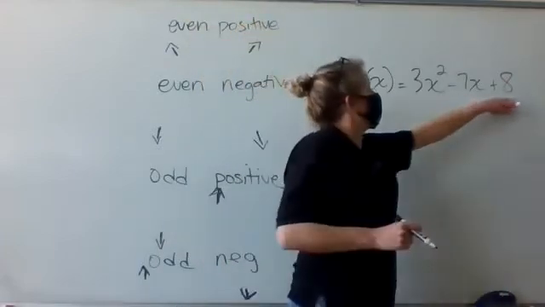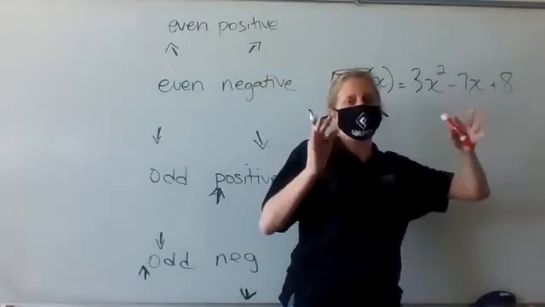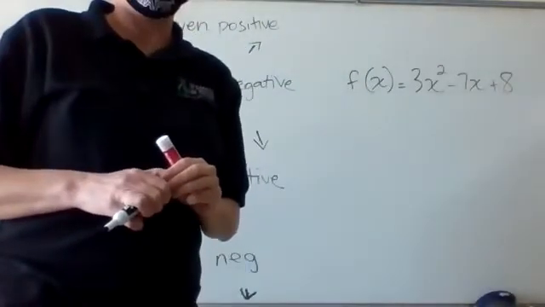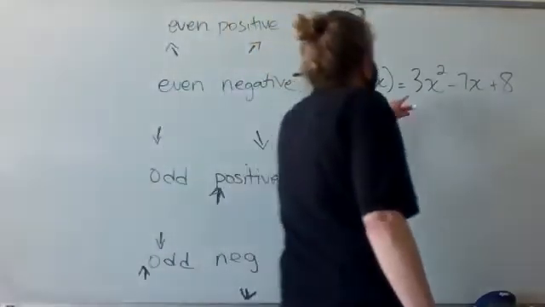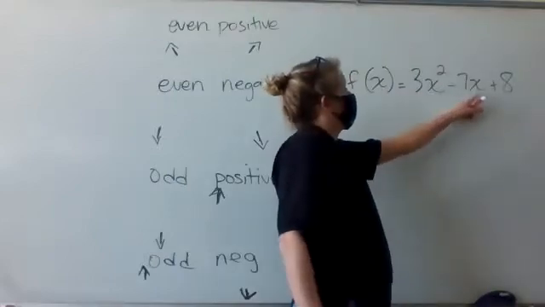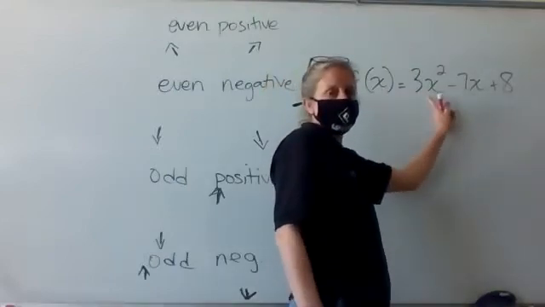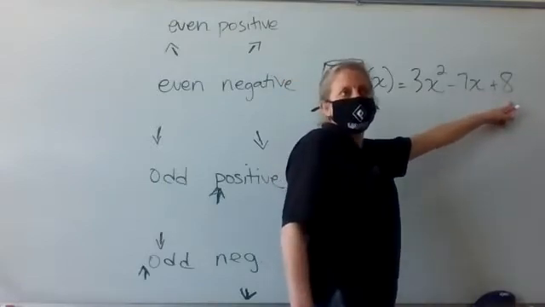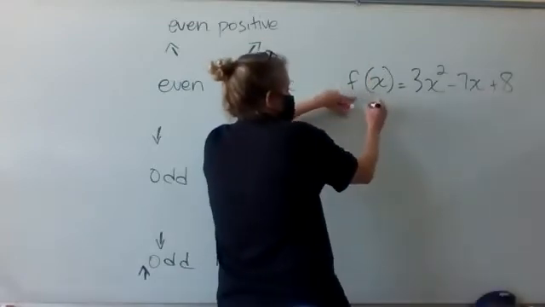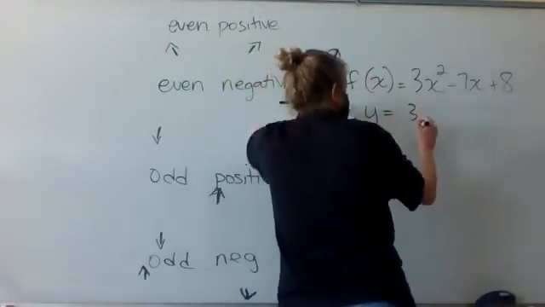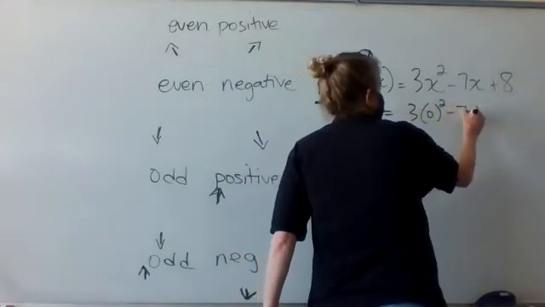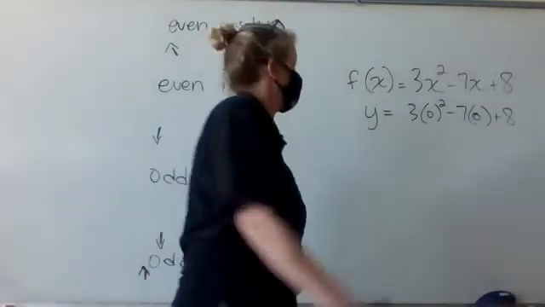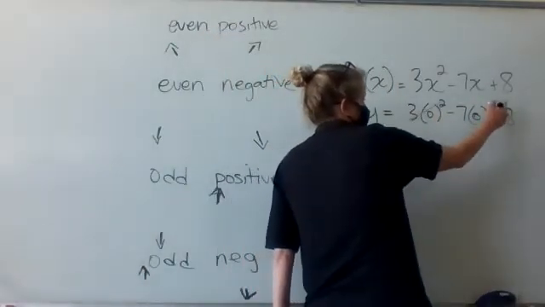But if your polynomial function is written out instead of in factored form, the easiest thing to do is to find the Y-intercept, because the Y-intercept is going to be, if you replace these X's with zeros, what's going to be left? 8, right? Because here, this means the same thing as Y. So Y equals, if I replace all my X's with zeros, that'll turn to 0, that'll turn to 0.